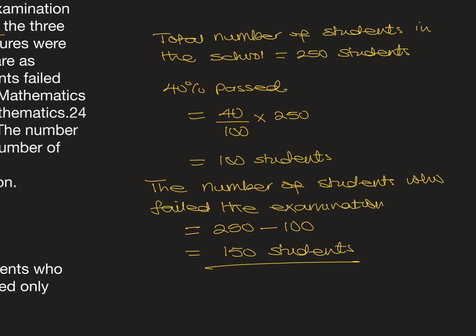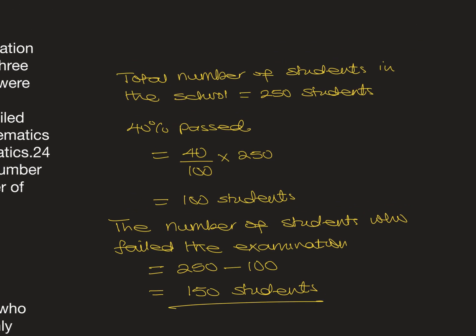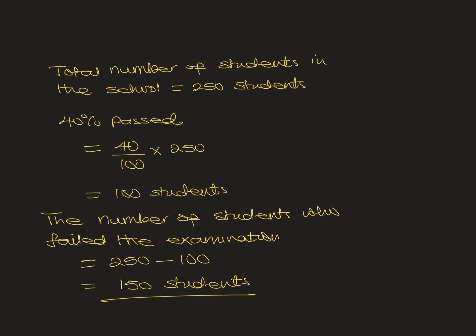Okay, but you can calculate this alternatively. Since it says 40% of the students have passed, and we know that percentage is up to 100, which means 60% of the students have failed the examination. If you just do that percentage, that will be 60 over 100 times 250.